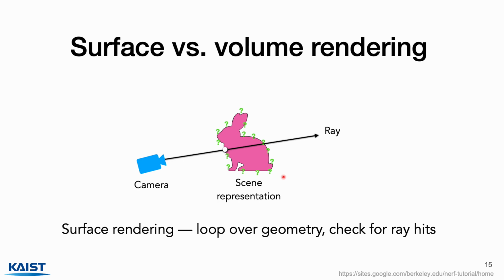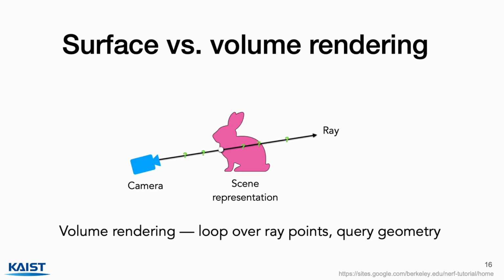We loop over the geometry and check whether the ray hits it or not. So what we are looping over is the geometry here. Meanwhile, in volume rendering, we query the geometry representation along the rays by looping over the ray points. We first cast the ray, and what we are looping over is each sampled point here. So this is the difference between surface and volume rendering.